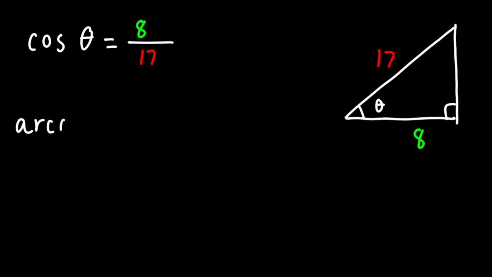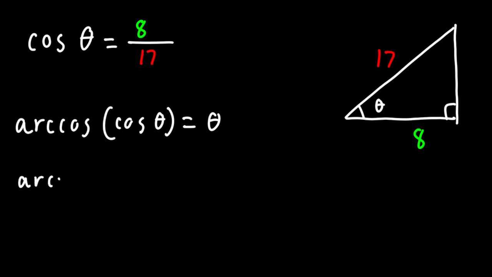Feel free to pause this video to try this out on your own. Now, let's take advantage of cosine of theta, because cosine takes advantage of adjacent and the hypotenuse legs. Cosine of theta is 8 over 17. If we refer to the inverse cosine theorem, arc cosine of cosine of theta equals theta, let's replace cosine of theta with 8 over 17.